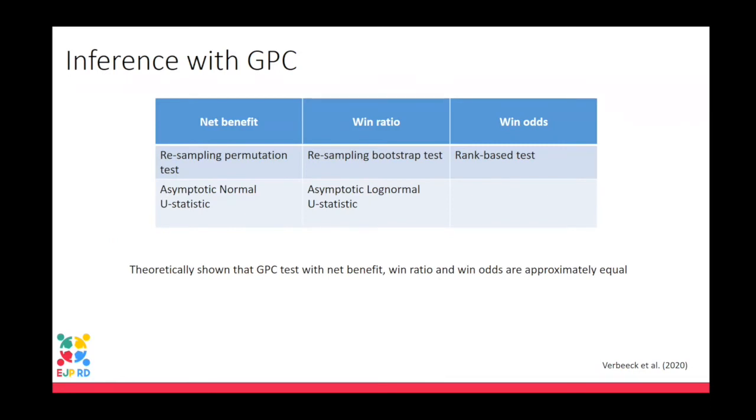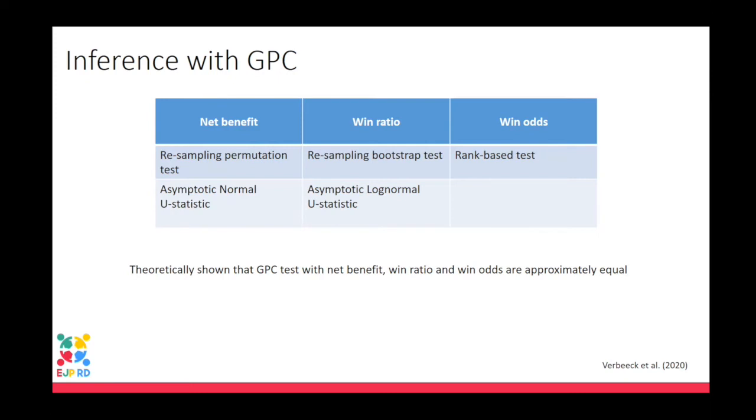Now, inference, that's what we need for hypothesis testing, and that's what we are getting slowly towards rare diseases. It's all nice and well, but does this work in small samples? As I said, GPC is a topic that has, in the last decade, received a lot of attention in research, and so there are a lot of hypothesis tests that have been suggested, such as a resample permutation test, resample bootstrap test, rank-based test, and also U-statistic tests.